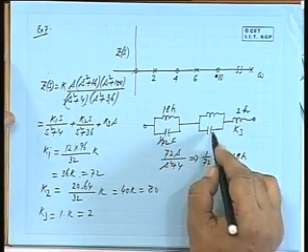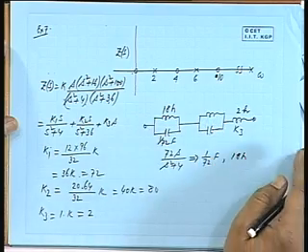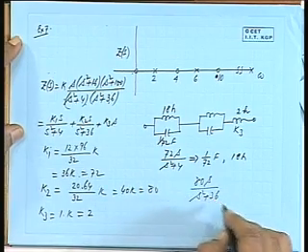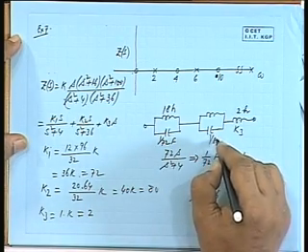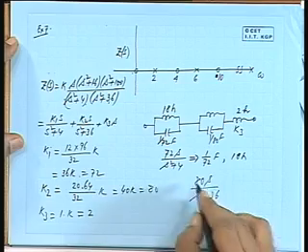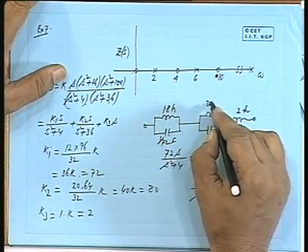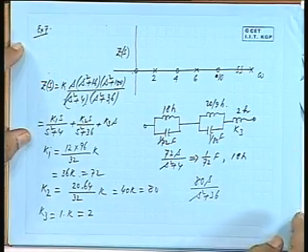Similarly, you can calculate the element values for this, okay. I hope all of you can do that. 80S by S squared plus 36, so that will give me 1 by 80 farad and 80 by 36, okay, that is 20 by 9 Henry. Is that okay?